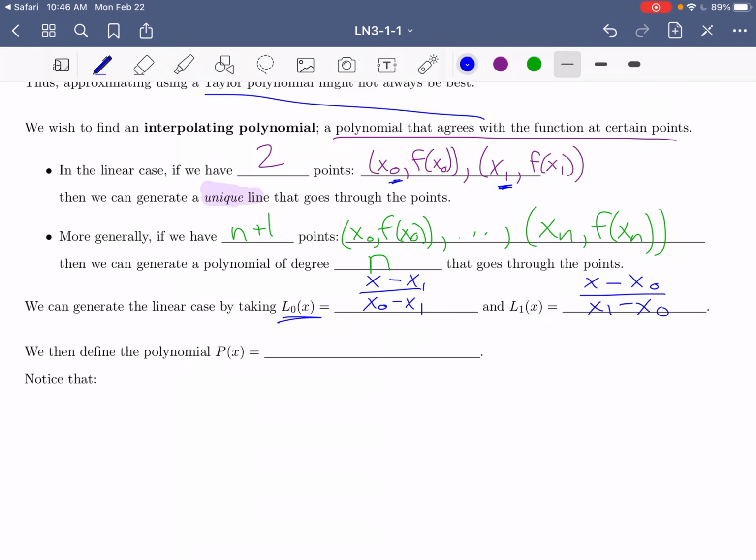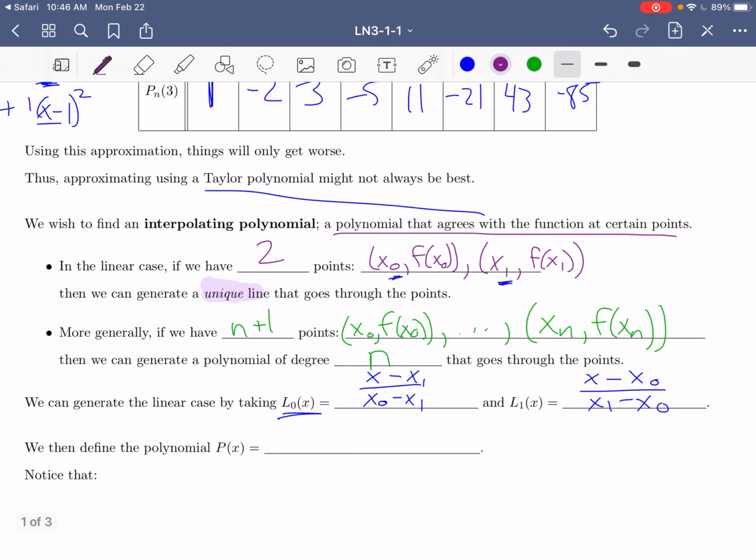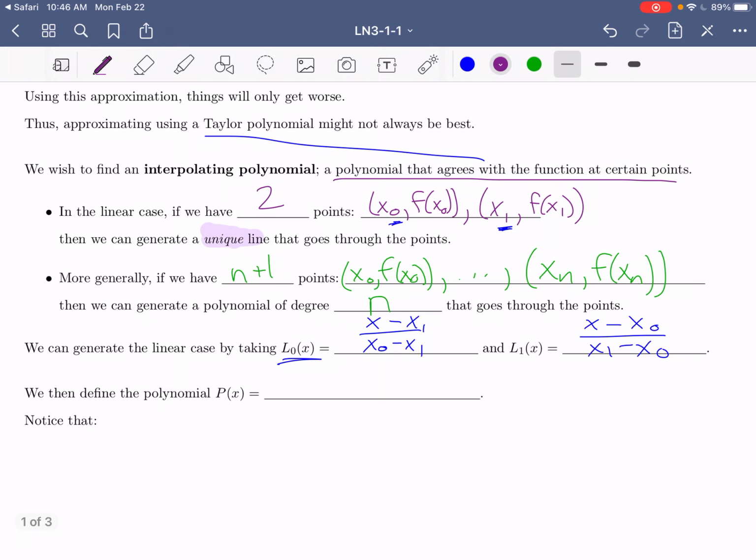And so then the way that we define our interpolating polynomial, our Lagrange interpolating polynomial, so we're going to take L0 of x times the function value at x0 plus L1 of x times the function value at x1.